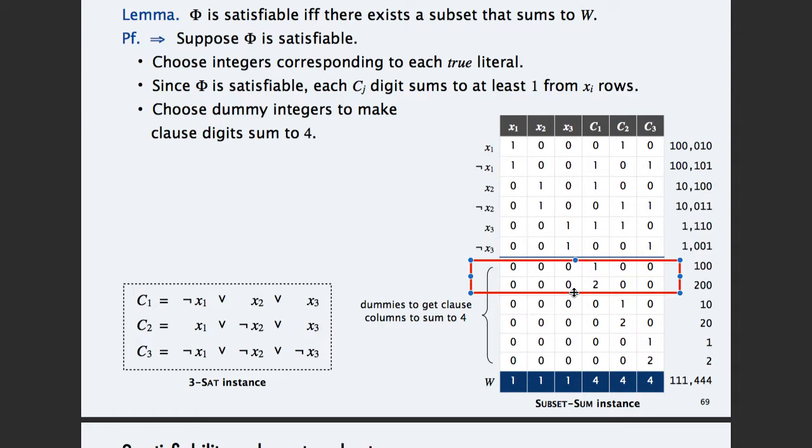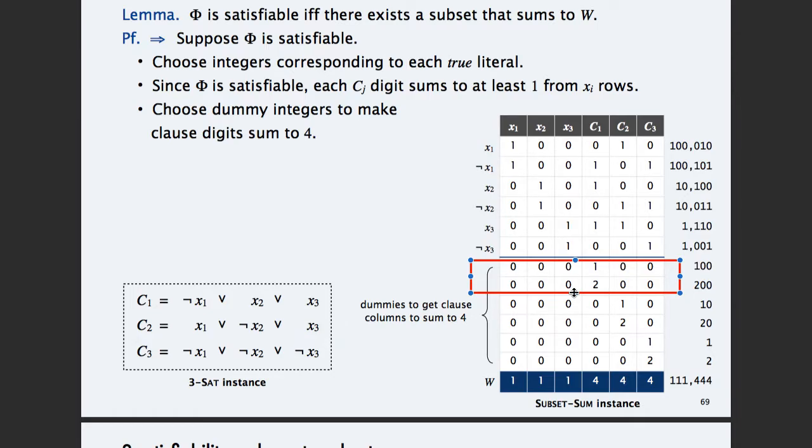But I may have all 3 of them. If I have all 3 of them, I just choose this one with the 1, and I'm good. And if I had 2 of them, then I choose this one with the 2, and I'm good. What these dummies let me do is keep it consistent, because I need 1 target, as opposed to say 1, 2, or 3.